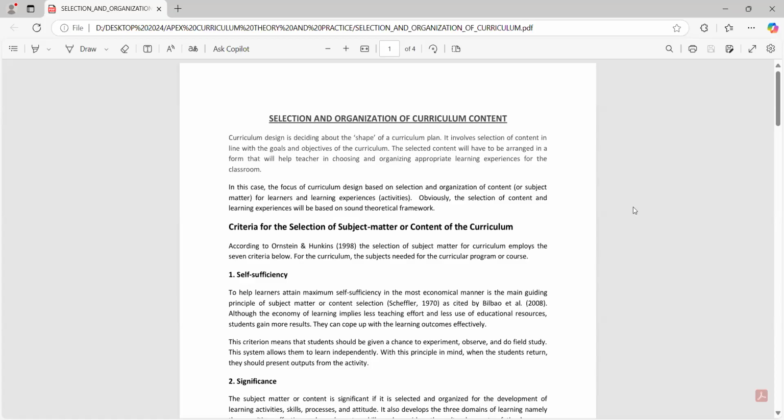So, even saying that is a very big task for the curriculum developers. Because of that, the discussion today is on selection and organization of curriculum content, how it is done. As teachers, you also should know how it is done. Why? Otherwise, you will take it for granted.